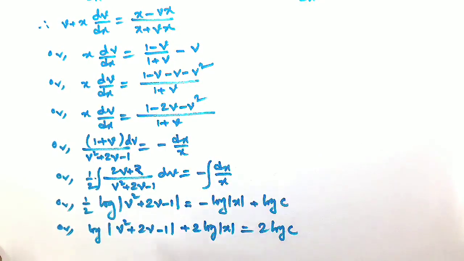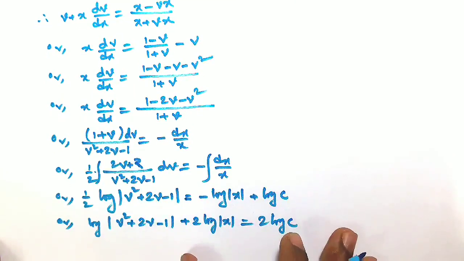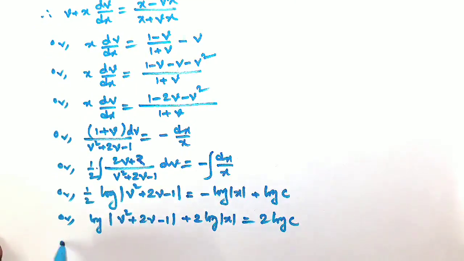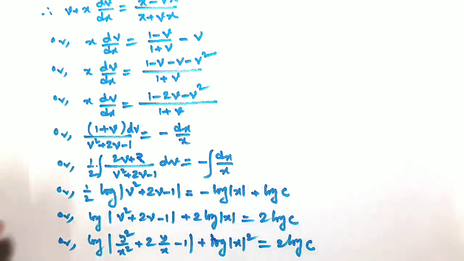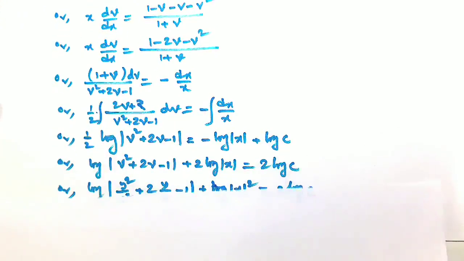Since y is equal to vx, we can replace this v by y upon x. So friends, we write here log of y square divided by x square plus 2 into y upon x minus 1 plus 2 log of mod x, that means log of x square, is equal to 2 log of c. Okay, so we have to change the page here. Friends, now you observe that we have to make an LCM here.